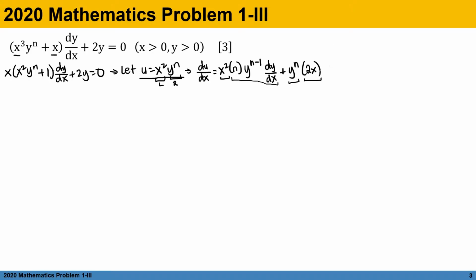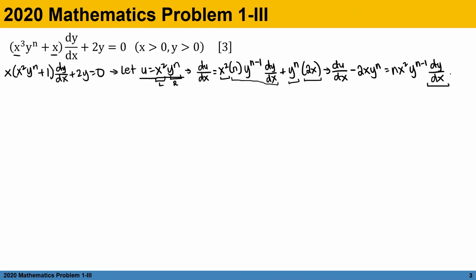We can further rearrange this expression to later isolate dy over dx. So we have du over dx minus 2x y raised to n equals n x squared y raised to n minus 1 dy over dx.